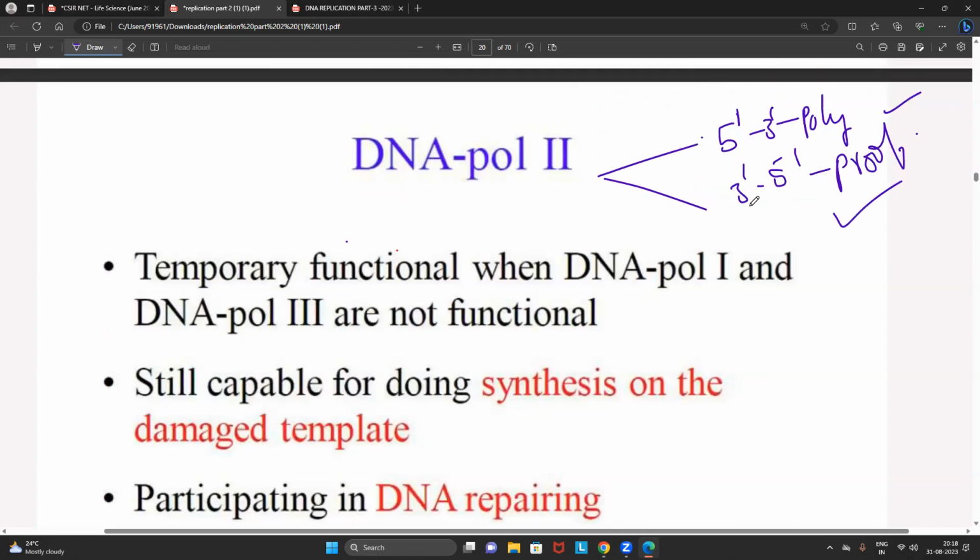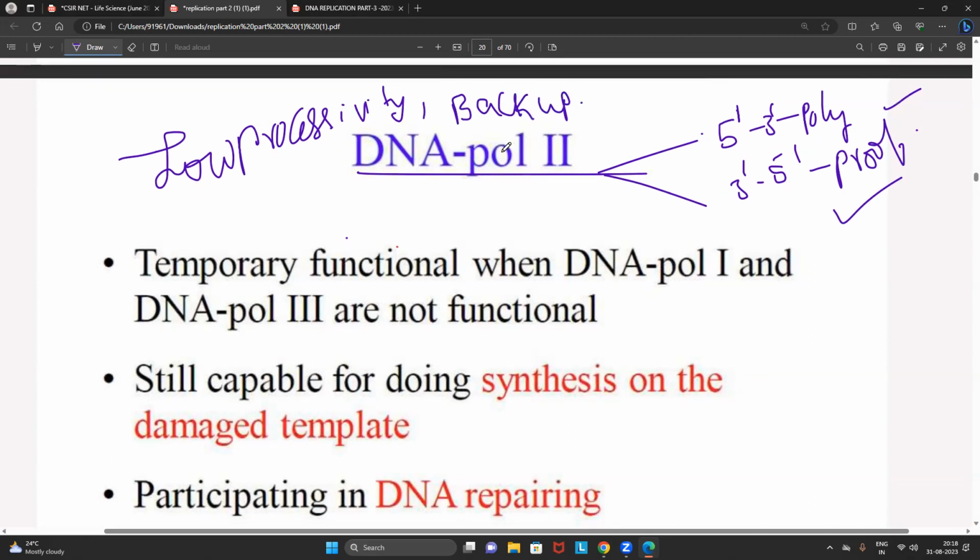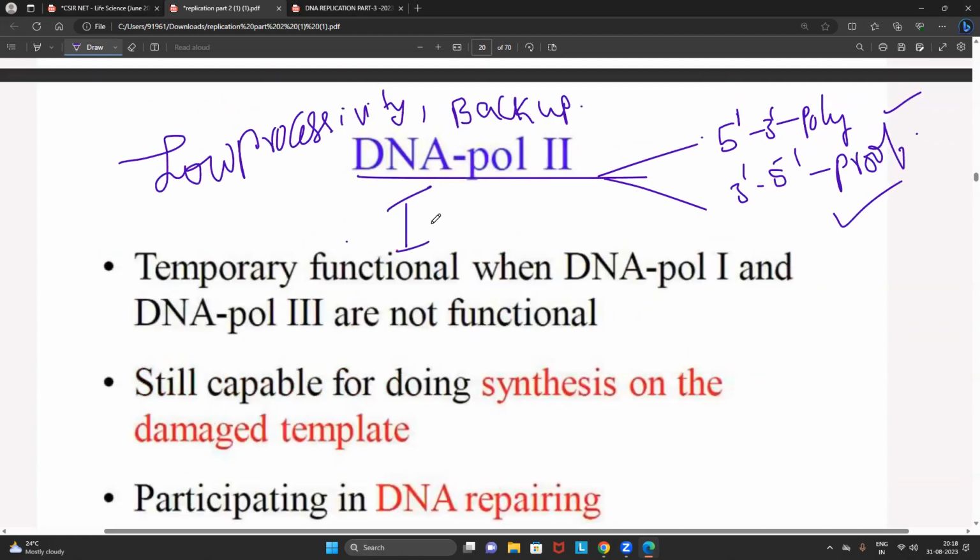Now, DNA polymerase 2 has low processivity, and this is a very important point all the students have to remember for the exam. I can say that DNA polymerase 2 acts like a backup enzyme. Friends, what is the meaning of a backup enzyme? When pol1 is not functional, when pol3 is not functional, then pol2 comes into the picture, because we should not stop the replication under any circumstances.